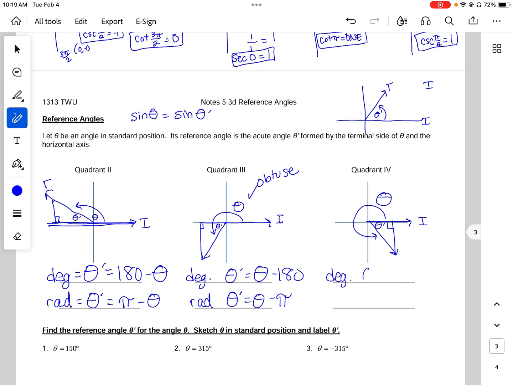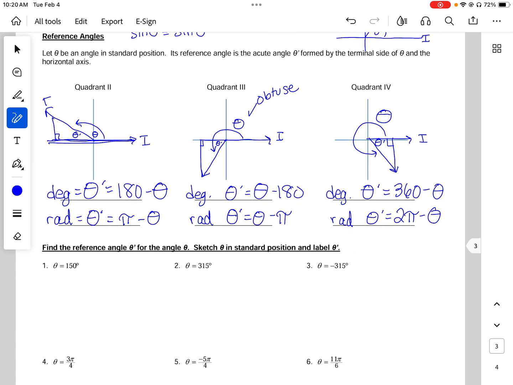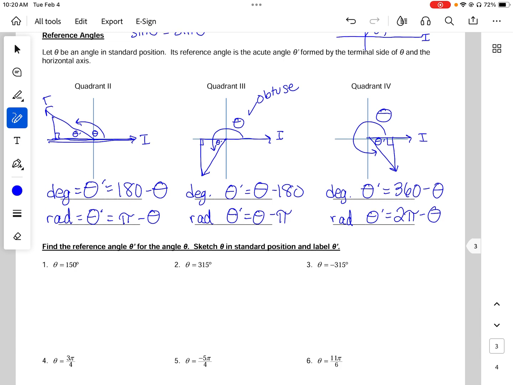So in degree mode, theta prime is found by doing 360 minus theta. And then for radian mode, it's found by using the radian equivalent of 360, which is 2 pi. So we're going to use these to help us, okay?